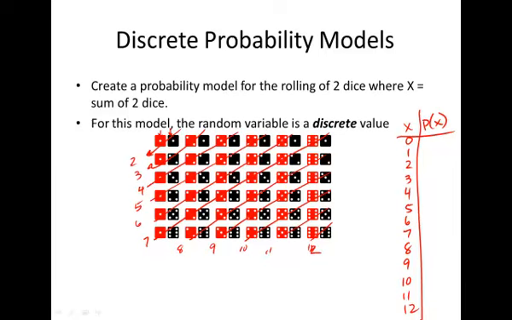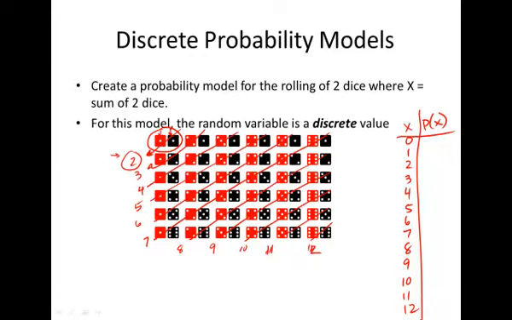The probability of each of those x values is determined by the number of ways, let's say for 2, for example, that we can get a sum of 2 out of the 36 possible tosses of 2 dice. Well, all you have to do is just count how many of them there are.